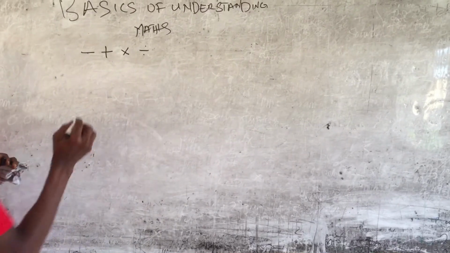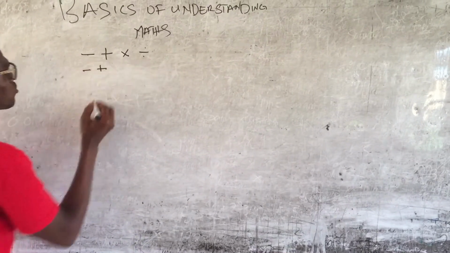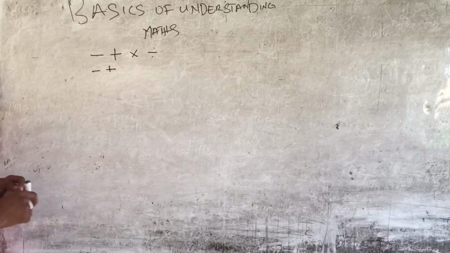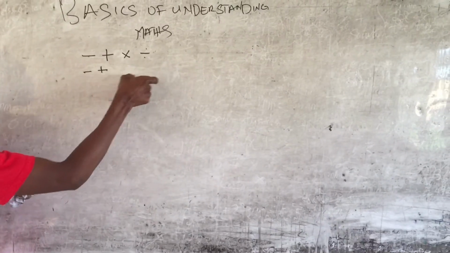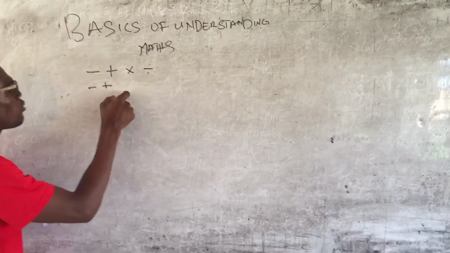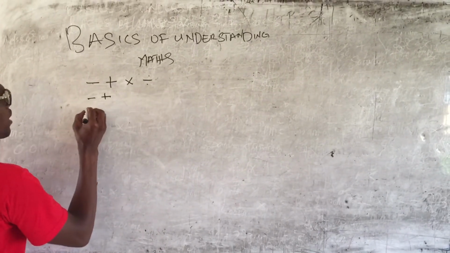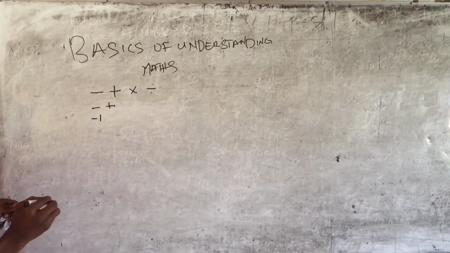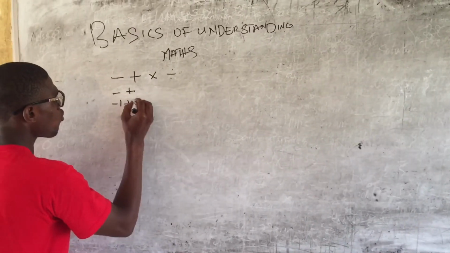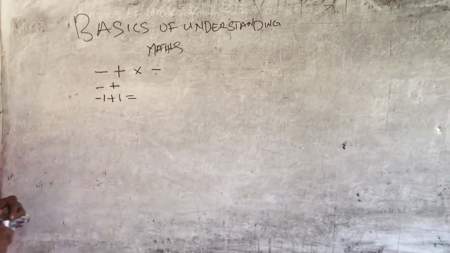Now, let's talk about minus and plus. Assuming you borrowed money, you are owing somebody, and somebody is owing you, what will be the result? Now I have minus 1, I also have plus 1. What will be the result?